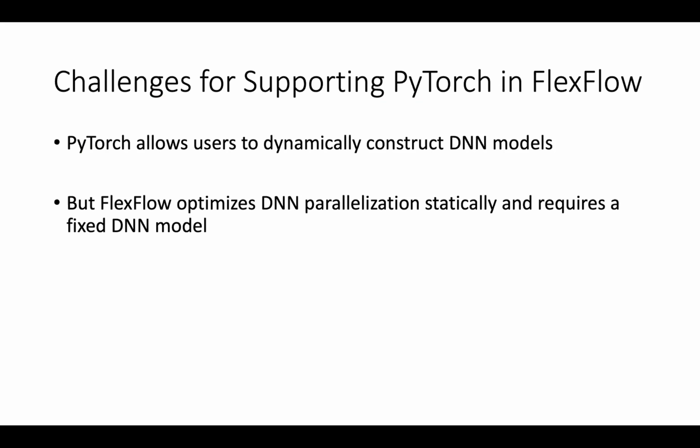The optimization happens during the compilation of the model, and it includes several optimizations like finding the optimal parallelization strategy and model fusions. And we cannot do such optimization without an overview of the entire model.